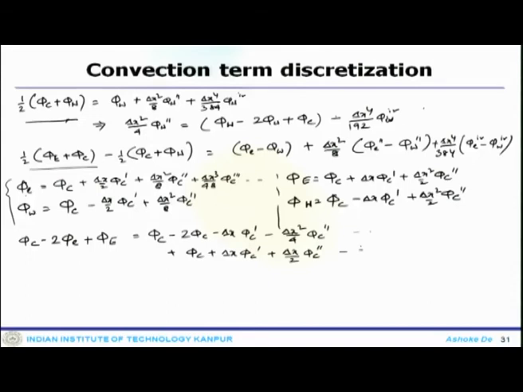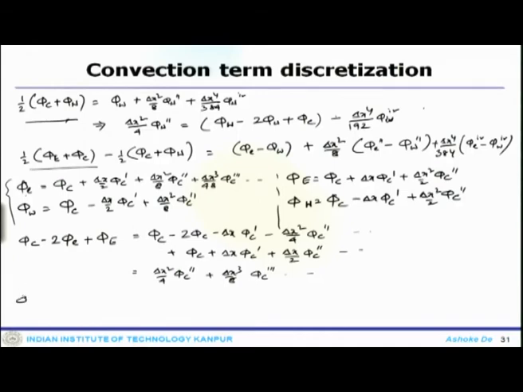So, this will simplify to delta x square by 4 phi c double prime plus delta x cube by 8 phi c triple prime and so on.